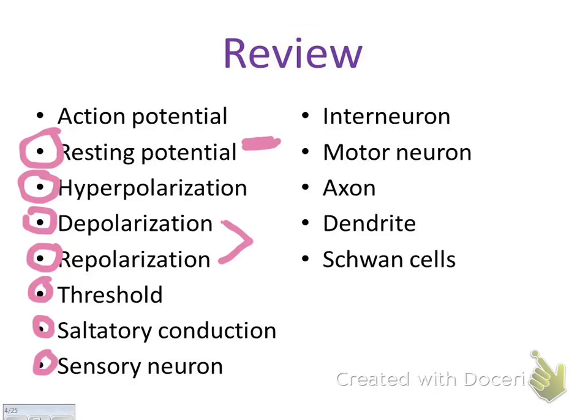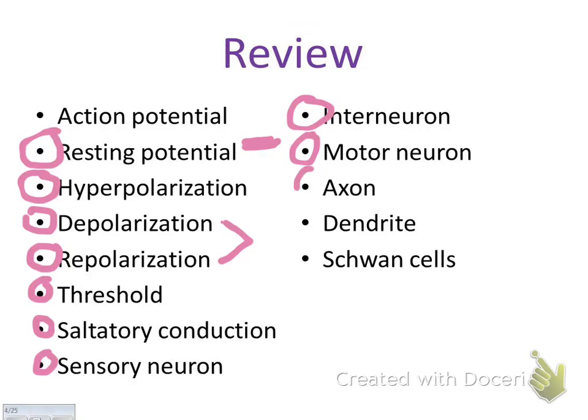It receives the signal. Okay, interneuron. Good, central nervous system, interpreted. Motor neuron. It's the neuron that takes it from the central nervous system to the effector.